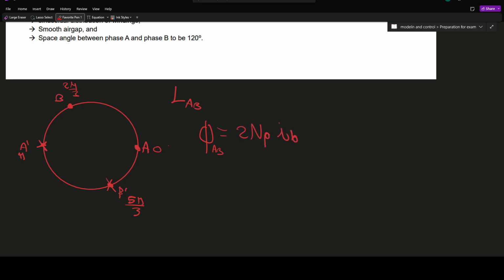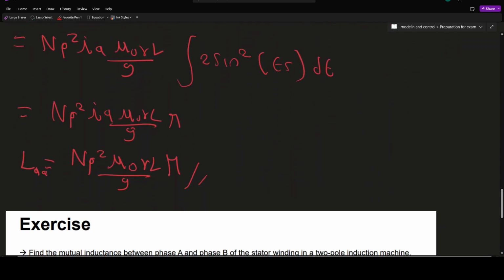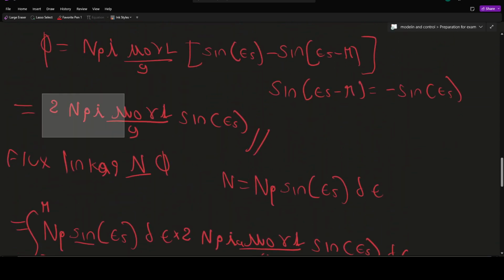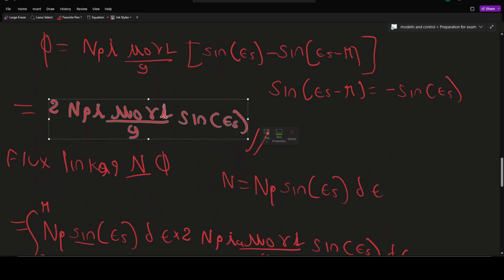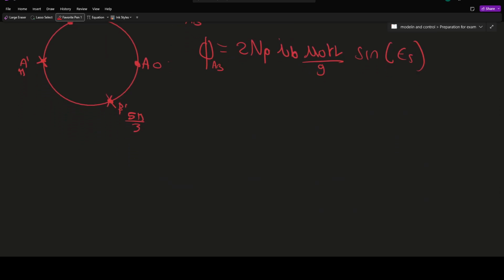So we have here the current B that is producing it, mu naught RL over G sine epsilon x. So this is what we figured out here, the self-inductance of a coil. So this is the self-inductance produced by B.